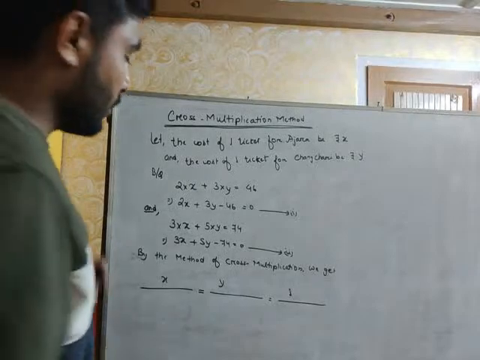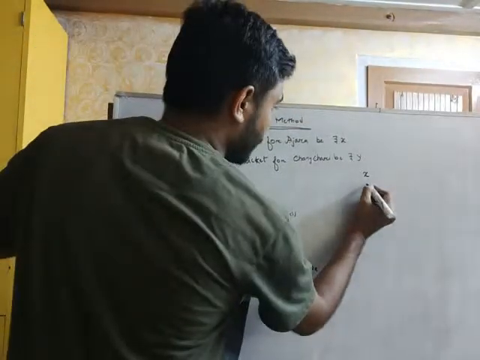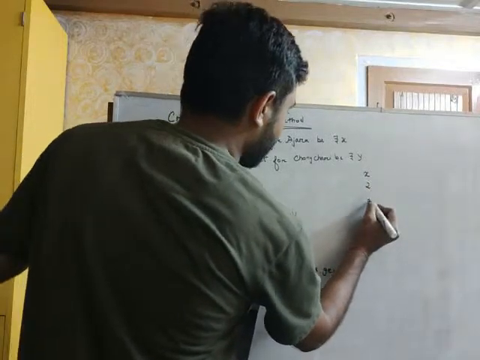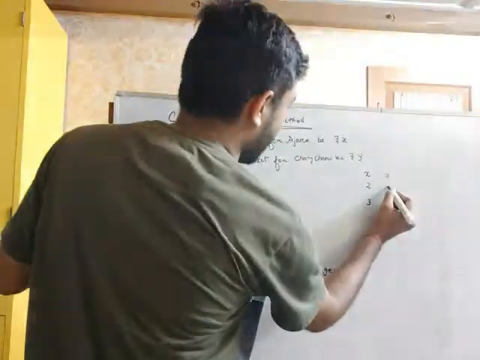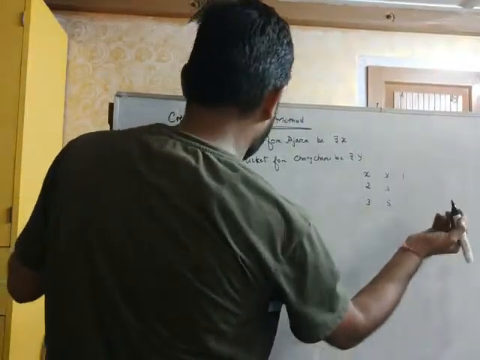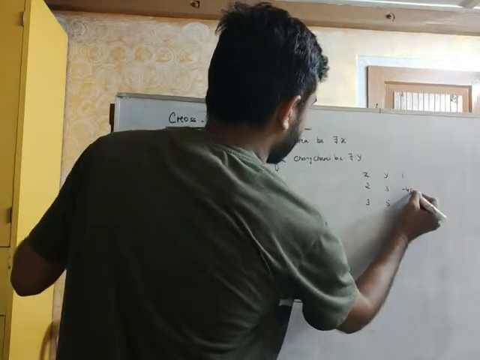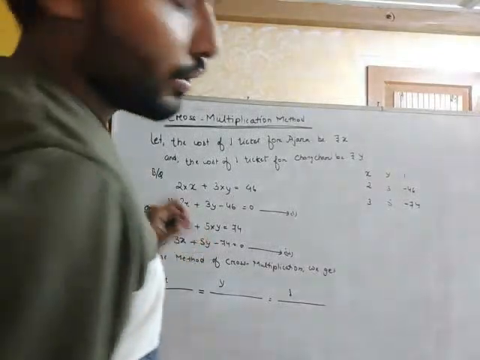Clear? So now for x, what is the coefficient? For the first equation it is 2 and the second one it is 3. For y, the coefficient for the first equation is 3 and for the second equation it is 5. For the constant term, for the first equation it is minus 46 and for the second one it is minus 74.